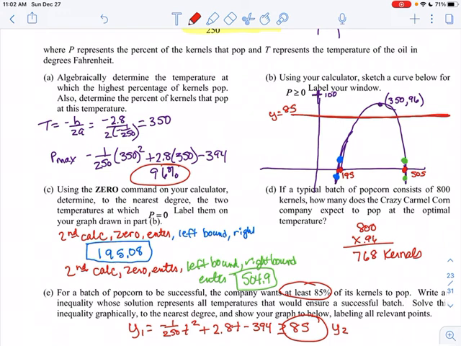All right, so basically what I want to find is the point of intersection here and here, because I'm trying to find the temperatures that would ensure a successful batch. So I'm really trying to find this right here, that inequality. Remember, everything in between there is going to give me my optimal temperatures.